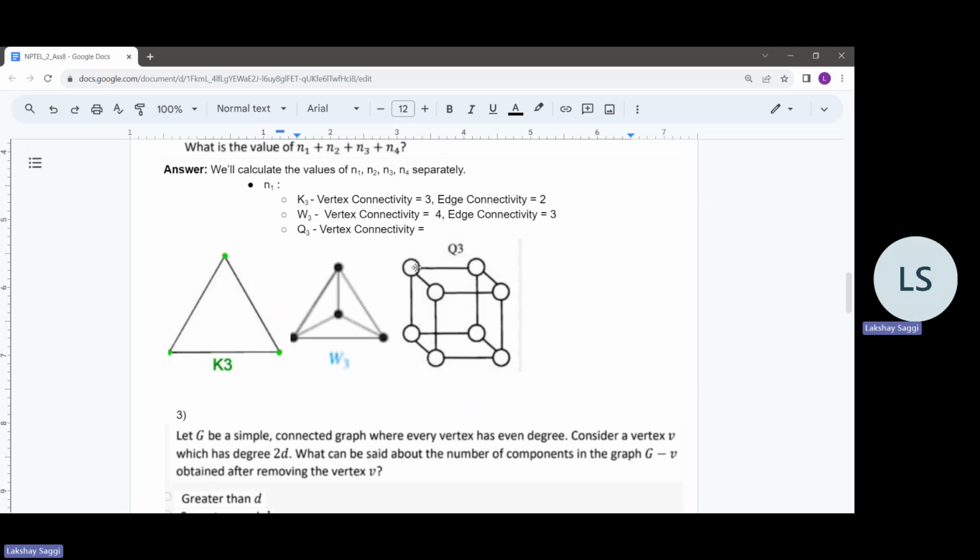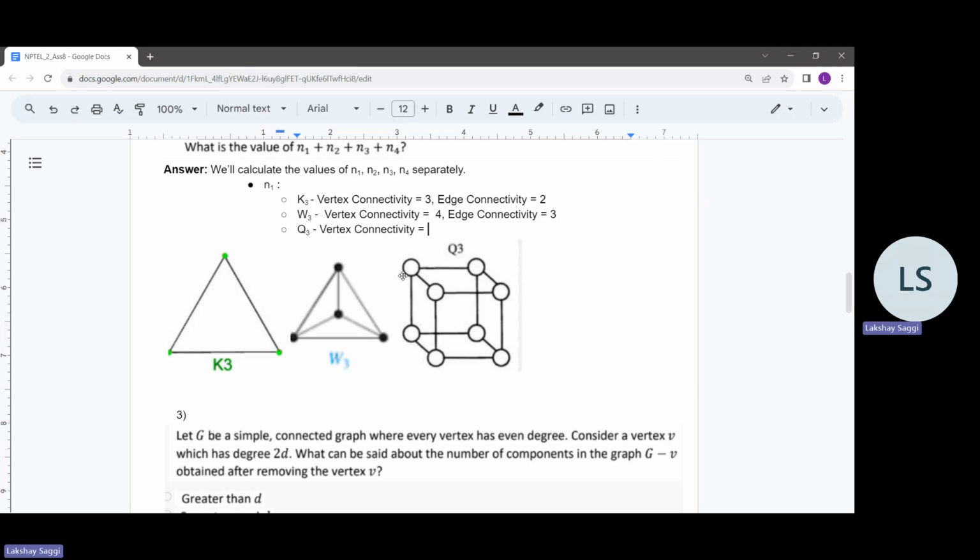But let's say after deleting this vertex, what other vertex do I delete?